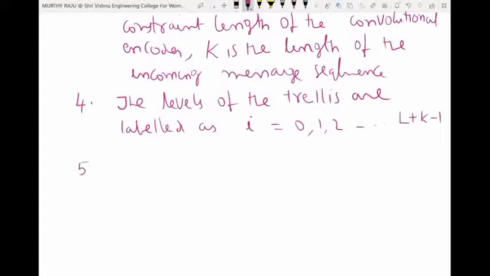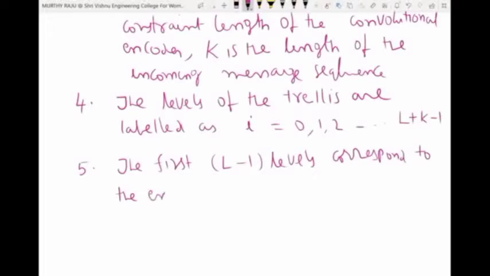Fifth important point here is the first L-1 levels correspond to the encoder's departure from the initial state.